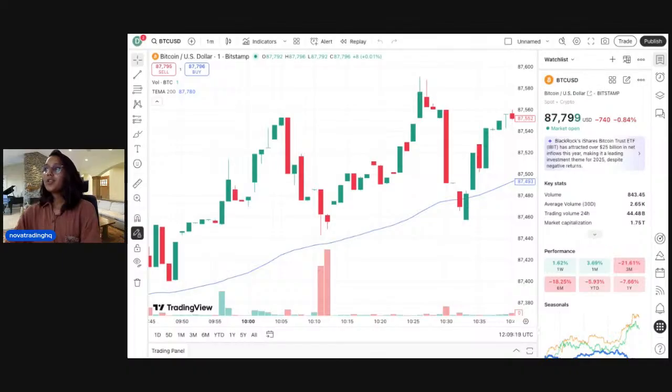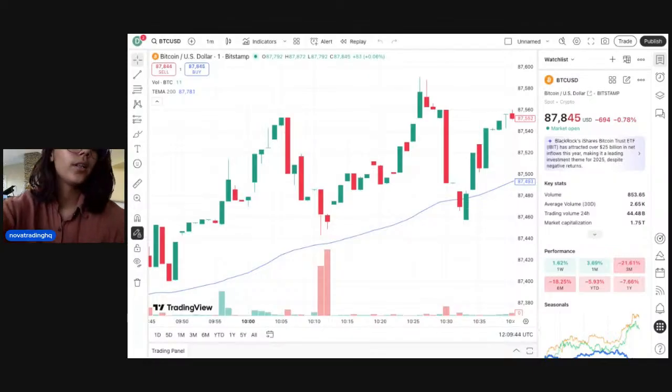Range behavior can sometimes punish patience. I would want to add that the best trade you can take here is just a bit of patience, right?